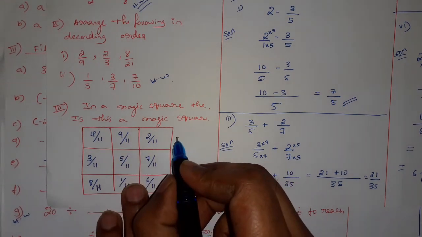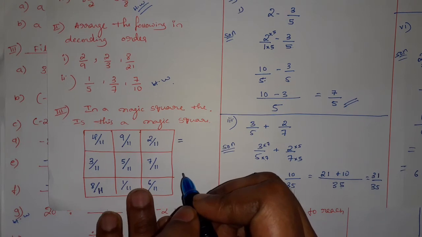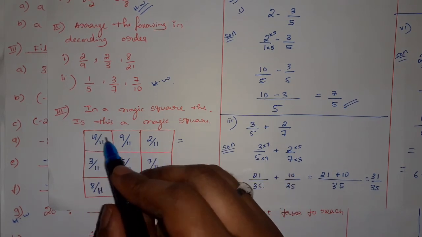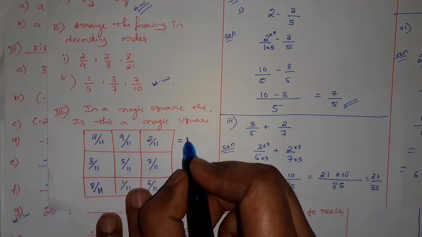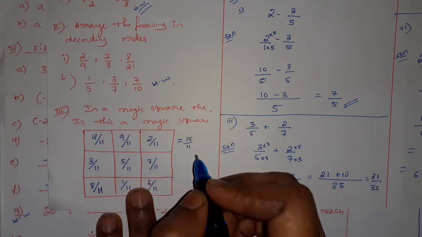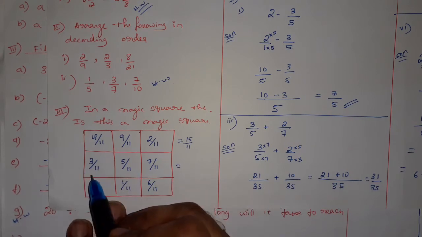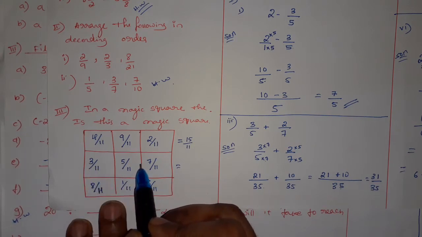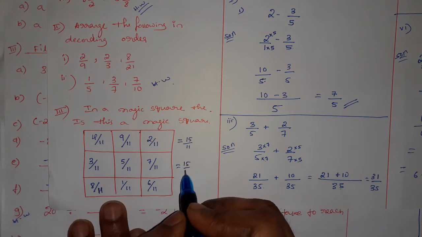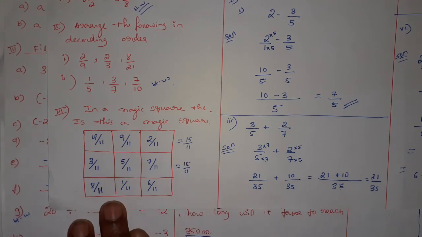First row, how much does it come to? 4 plus 9 is 13. 13 plus 2 is 15. 15 by 11. Okay, second row: 3 plus 5 is 8. 8 plus 7 is 15. 15 by 11 is the answer if I add.